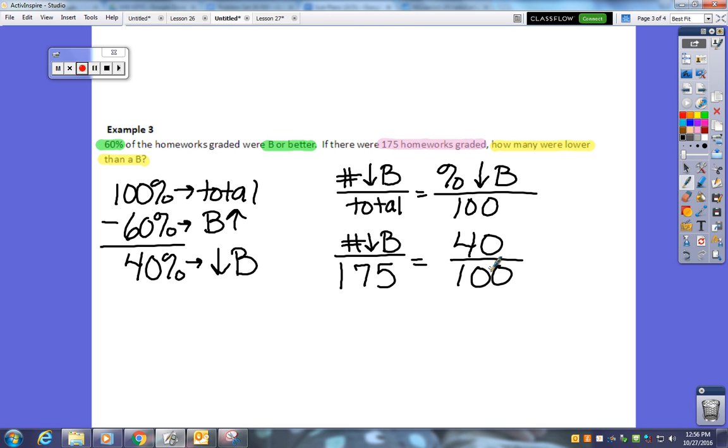In this problem, we do need to simplify. 40 over 100. First, I'm going to take a 0 for a 0, meaning I'm dividing both by 10.